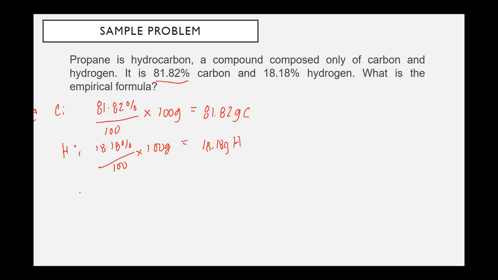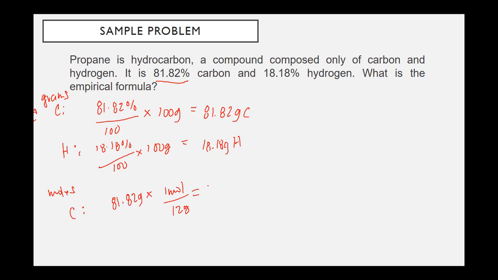So next naman na gagawin natin is get the moles. So ito yung grams. So next one is the moles. Para makuha natin yung moles, again, we will be dividing the grams with the molecular weight. So molecular weight ng carbon ay 12 grams for 1 mole.